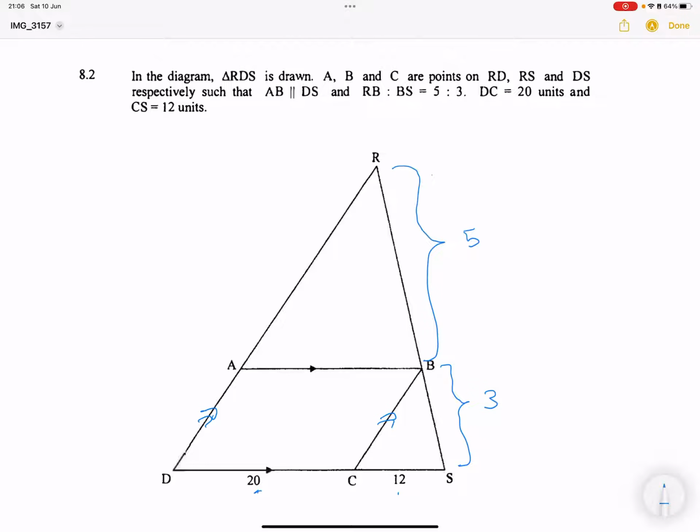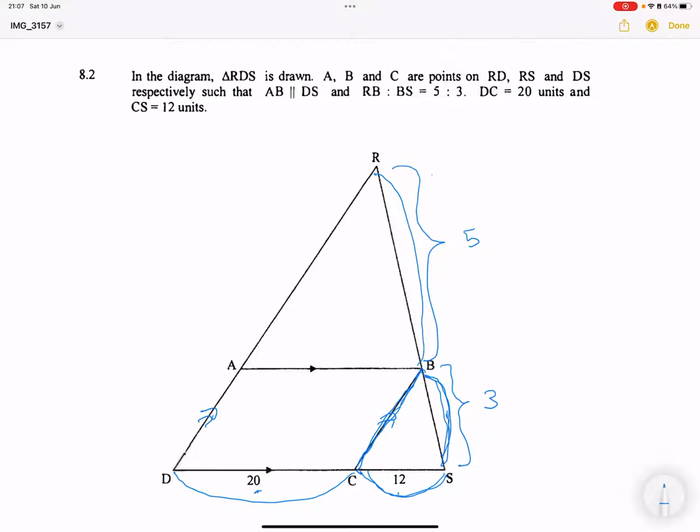Now, if those two lines are parallel, it must mean that the sides are also proportional. So CS over CD should be equal to BS over RB.